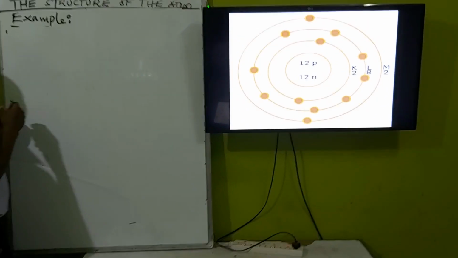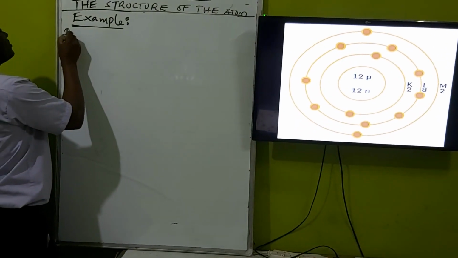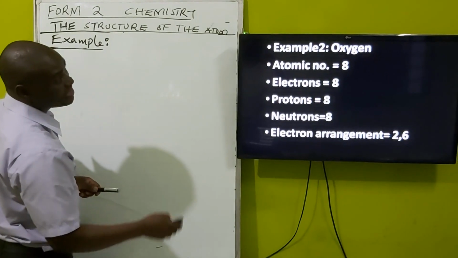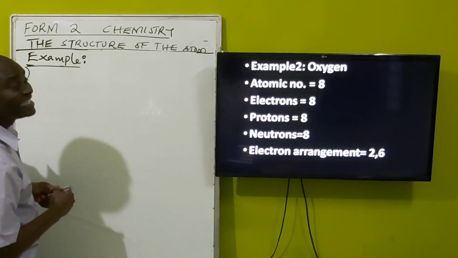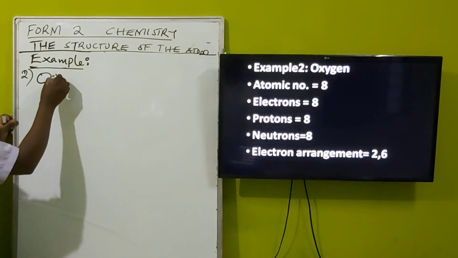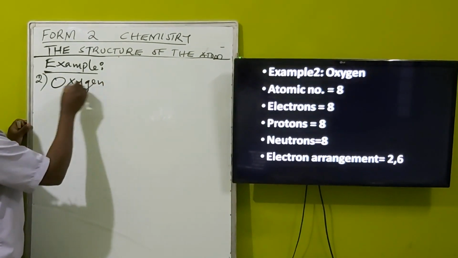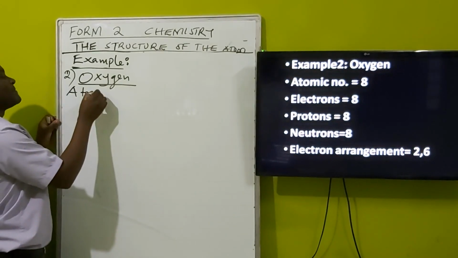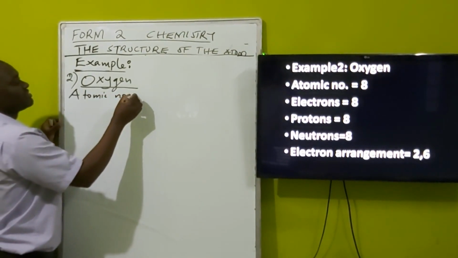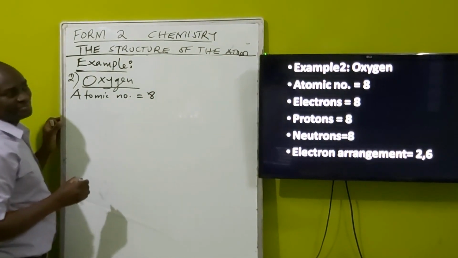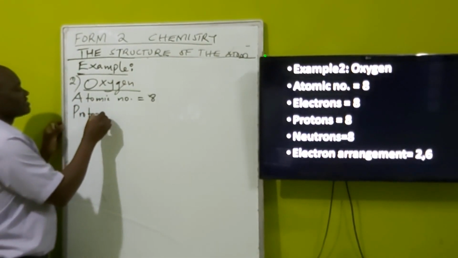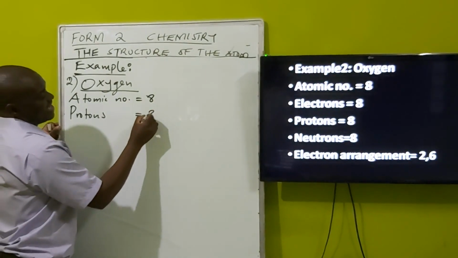Then we move to our example number 2, which we are going to use, is oxygen. Oxygen is atomic number 8. Protons are how many? 8.